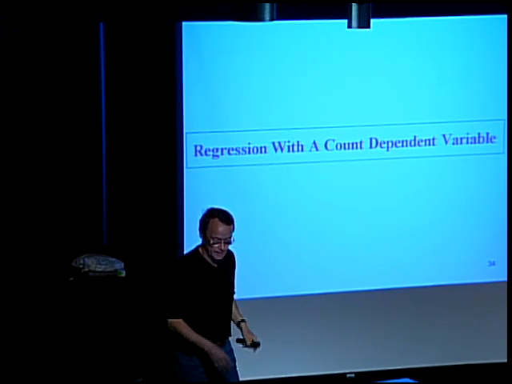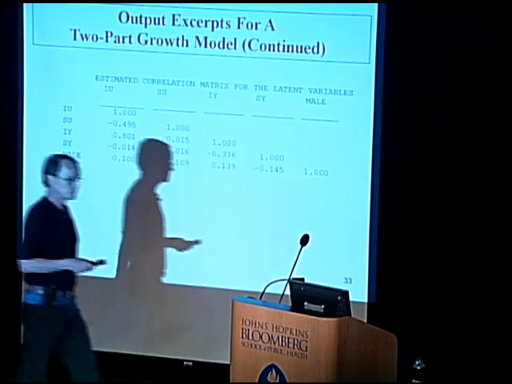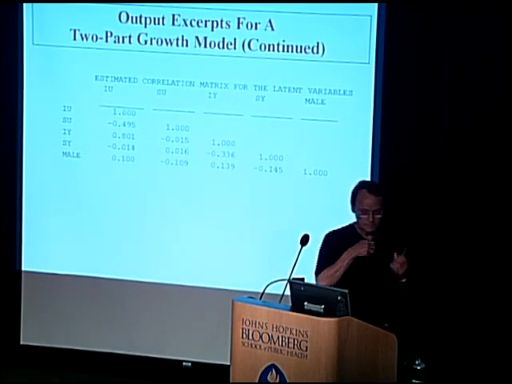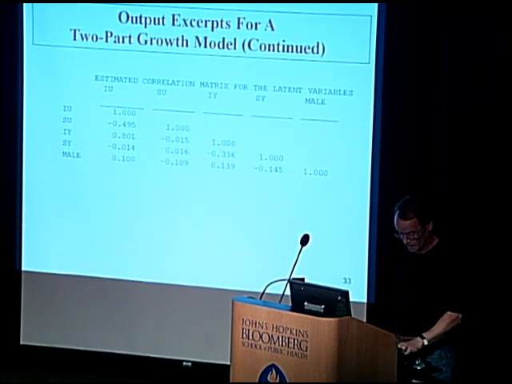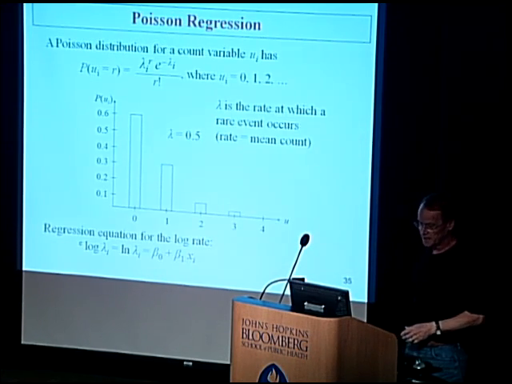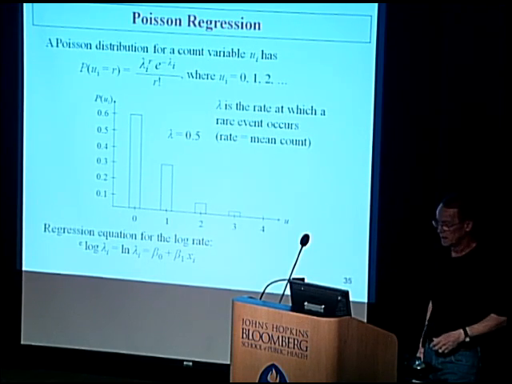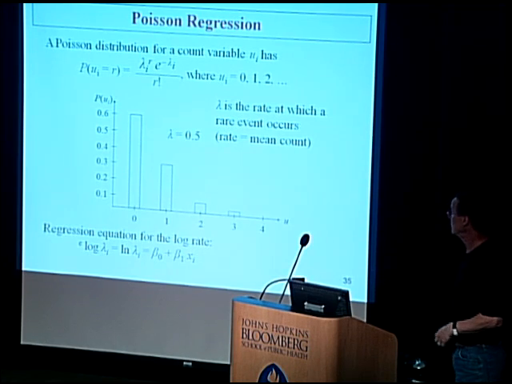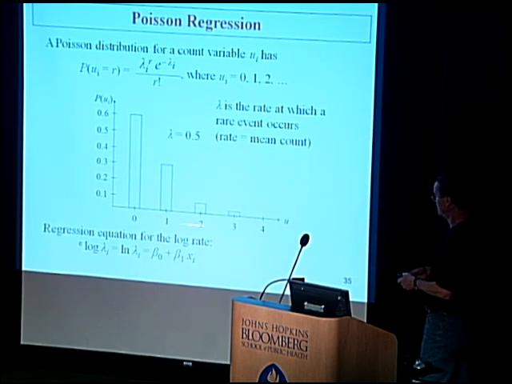Now we're going to go to the count situation. So this is an exciting area, which you probably have quite a lot of use for. It has to do with variables that take on only discrete values, starting with 0.